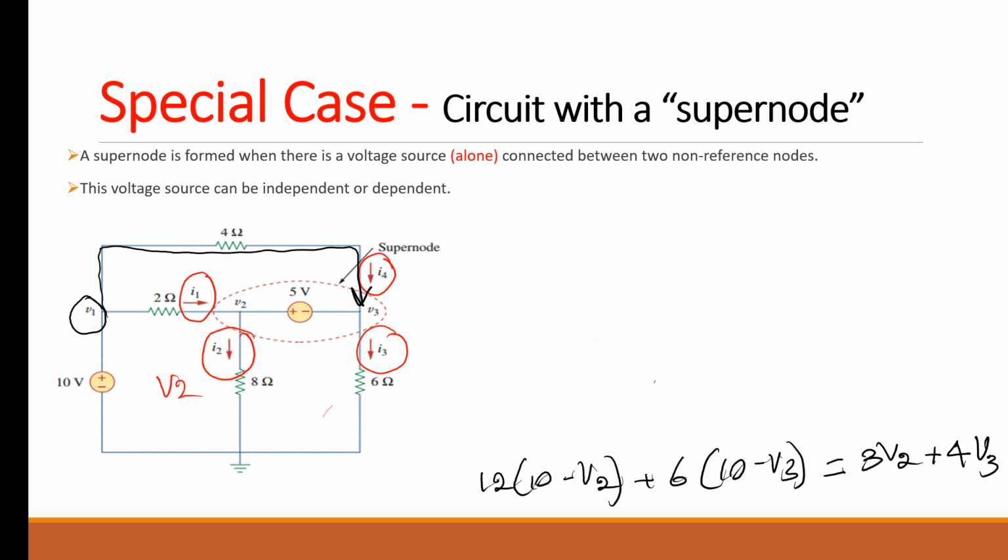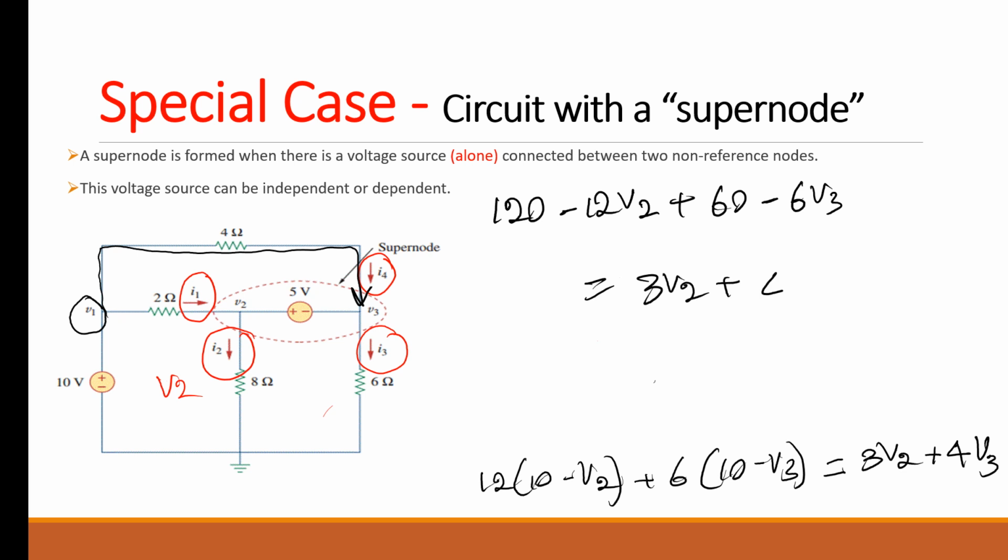We have 120 minus 12V2 plus 60 minus 6V3 is equal to 3V2 plus 4V3. Let's find V2, make V2 the subject in this case.